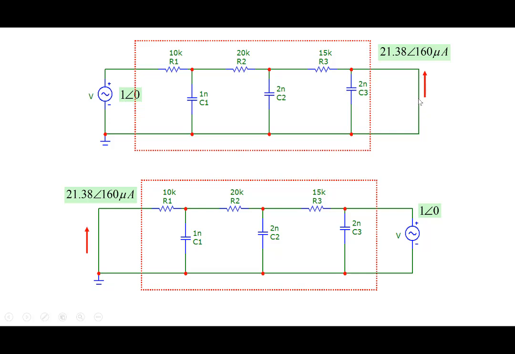You apply a voltage on this side, you'll get the same current on this particular side. Okay, and we said that these are reciprocal networks, and one characteristic is they will not have any dependent sources. We're not giving you a proof for it, but if there are dependent sources, then the circuit will not be reciprocal.